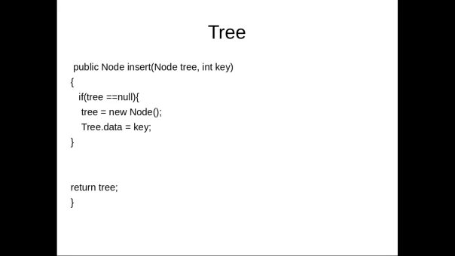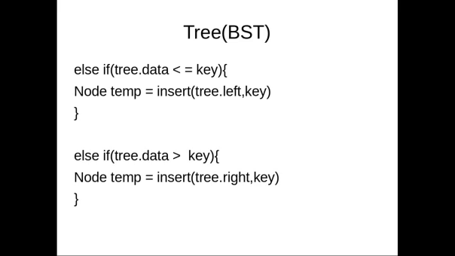The code doesn't stop here. After the if, there will be two else if blocks. Else if tree.data is less than key. If the key element we are going to insert is less than the root node data, then it will try to insert on the left side, because you have already discussed the property that all the elements present on the left side of the root have a lesser key value than the root node.